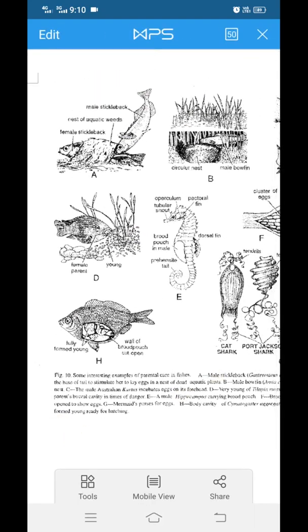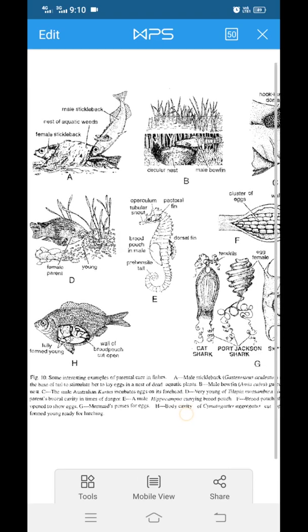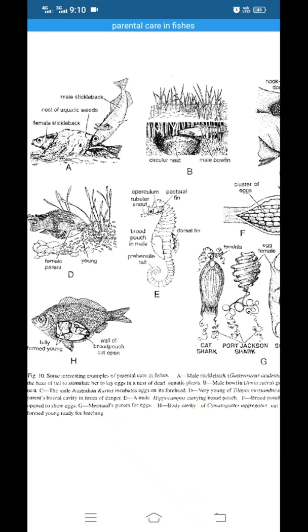Now another example is brood pouches, for example the seahorse, also known as Hippocampus, and the pipefish, Syngnathus. The female in these cases transfers the eggs into the brood pouch present on the belly of the male, to keep them protected there until they are hatched.